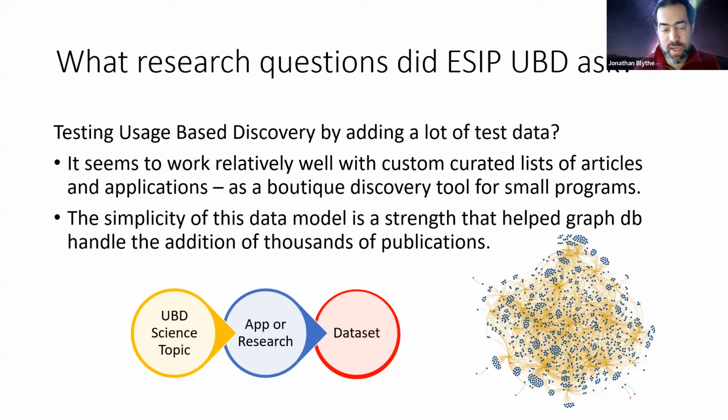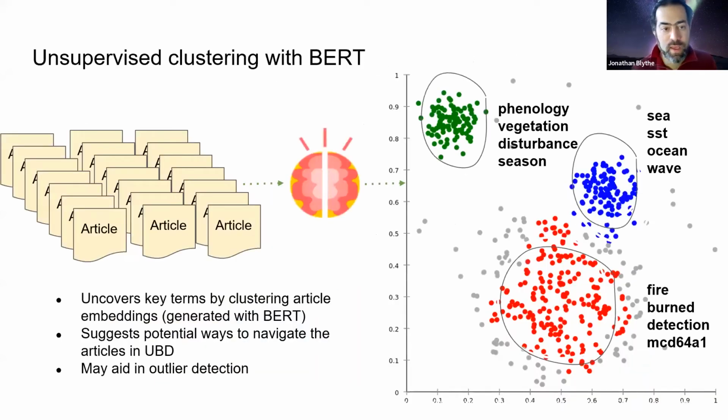Which is not always as easily found if you're looking at a website or application. So this helped us fill out that UBD tool that was demoed, and now this is what the graph looks like after 2 years. And it's working very well, partially because this is a very simple data model.